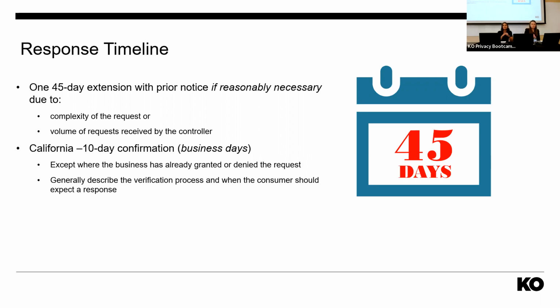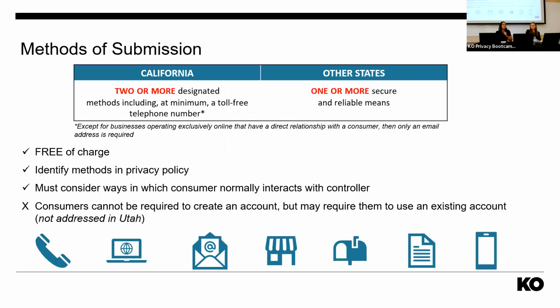But basically, you just need to say, we received your request. This is generally the verification process you can expect. This is generally the time frame in which you could expect a response from us. And remember, these requests can be received in various ways. And so that confirmation could be provided orally if it was an in-person submission of a request or over the phone. So there is some flexibility here, depending on your business model.